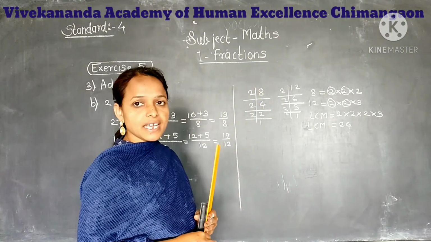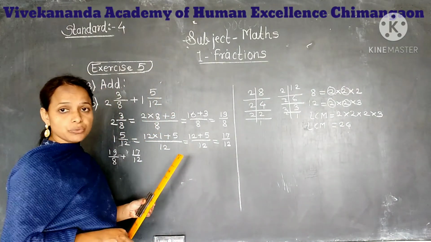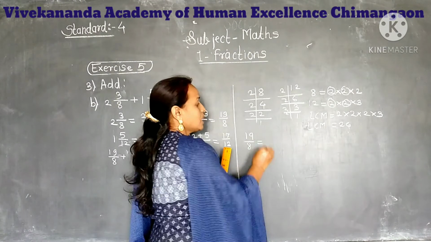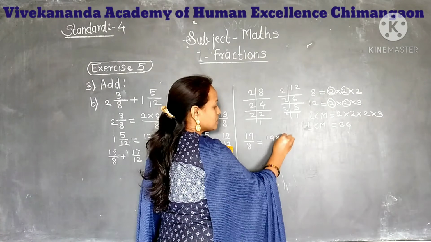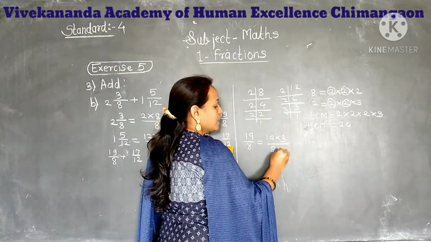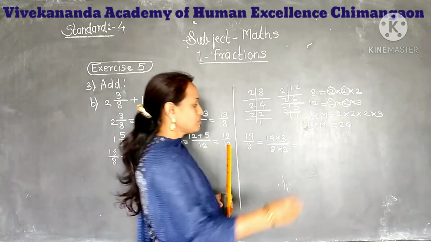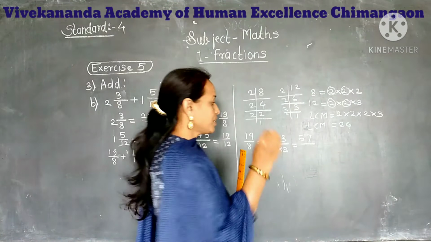So here we get LCM 24. Now we convert the denominator to 24. So 19 upon 8. 8 3s are 24. So we multiply 19 by 3 and 8 by 3. 19 3s are 57 and 8 3s are 24.